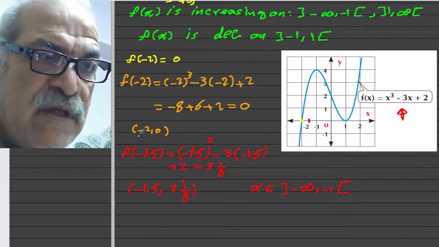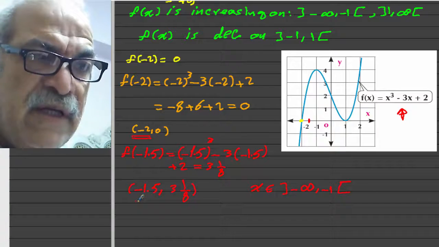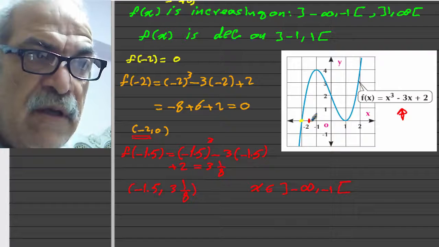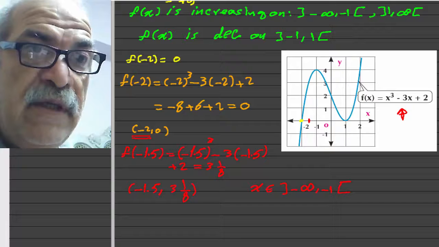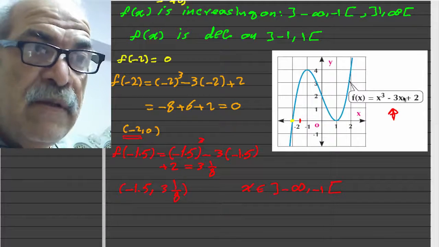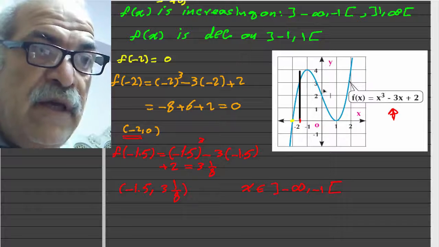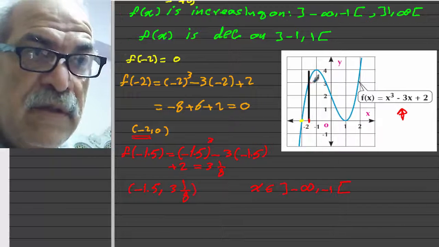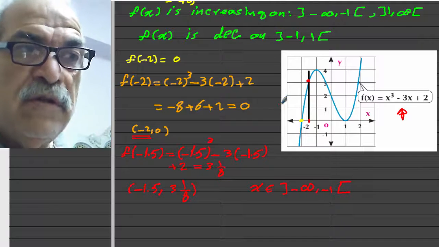When x equals -2, y equals 0. When x equals -1.5, y equals 3 and 1/8 at this point. And this is the meaning of the increasing of the function.